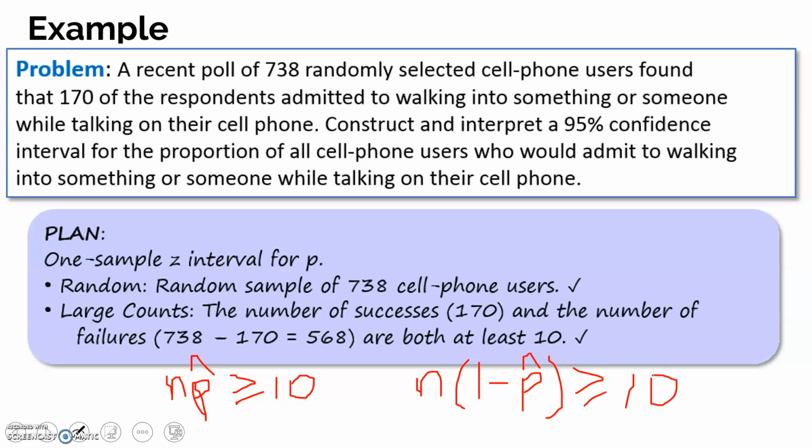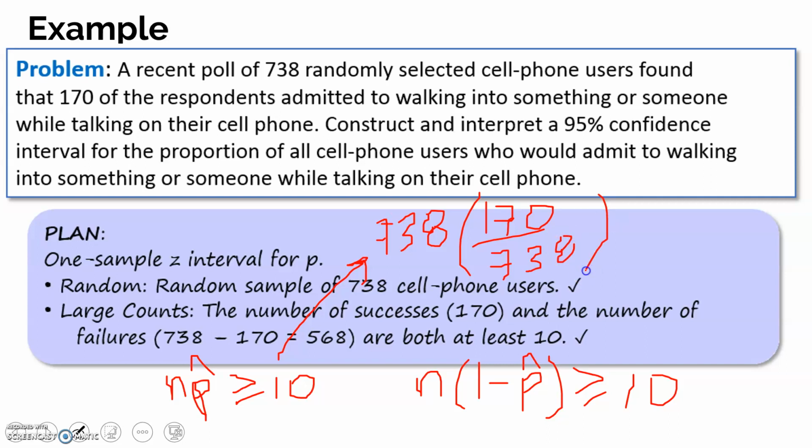Okay, so now if we take our n of 738 and multiply it by our p-hat of 170 over 738, notice how 738 will cancel out. So 170 is definitely greater than or equal to 10. And that's what the first part of that sentence for the large counts condition is stating. And you do the same thing for this second condition.